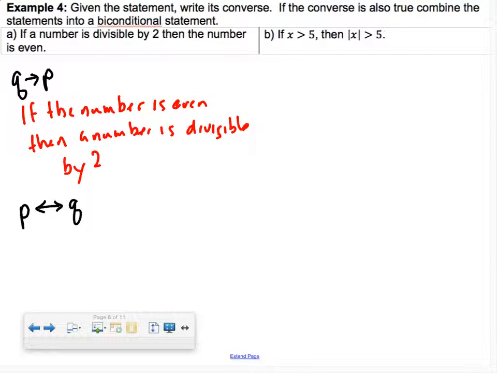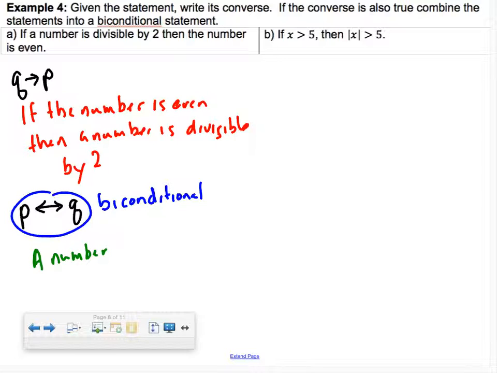So the biconditional can be written as: a number is divisible by 2 if and only if the number is even.